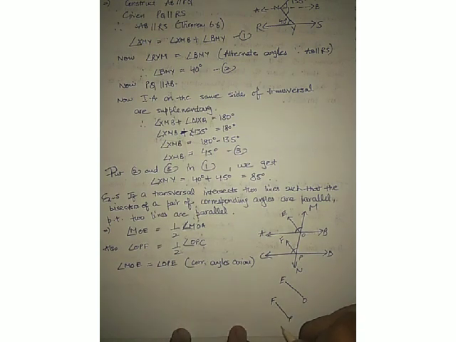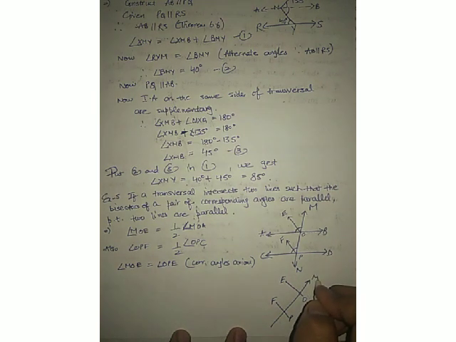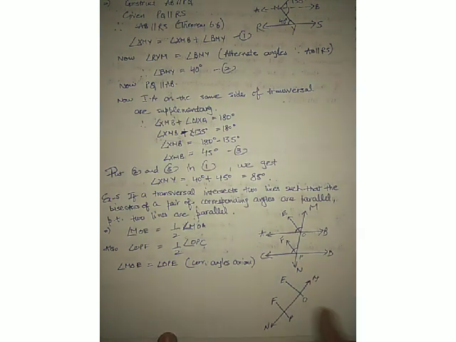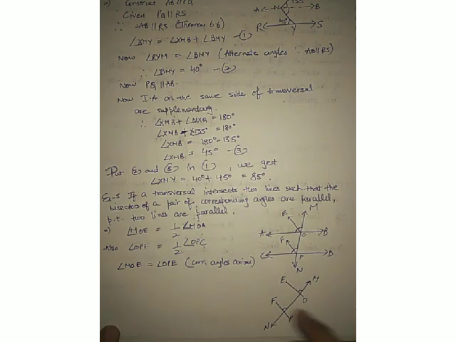Now MN is its transversal. I know that in this it's just intersecting at the terminal point, but I have just drawn it, so it's not a big deal. You can produce it backwards as well. So this is the transversal, so these angles will be the corresponding angles and will be equal, because these two lines are given parallel. That is why I was saying that you have to omit these two lines.